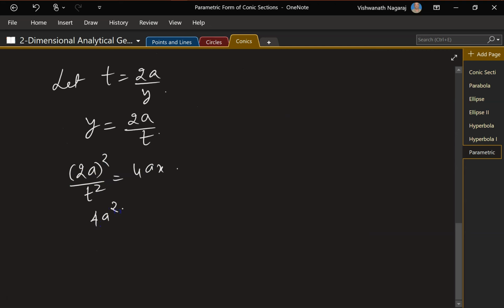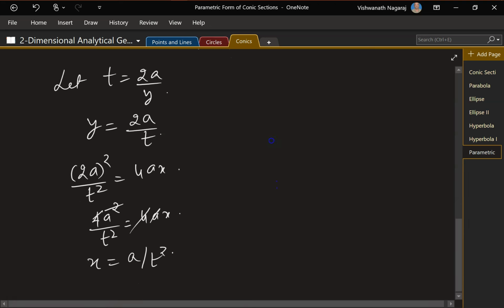So 4a square by t square is equal to 4ax. One of the a's will go, 4 and 4 will go. So we are left with x is equal to a by t square. Some of this doesn't gel properly. Yes, y is a function of t and x is a function of t, but they are ending up in the denominators.